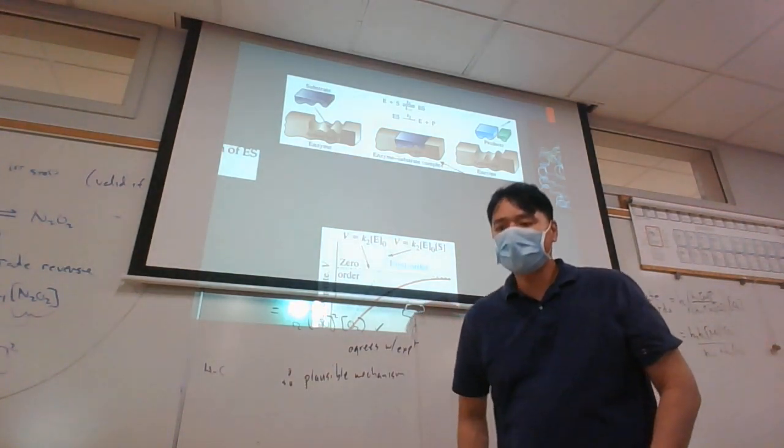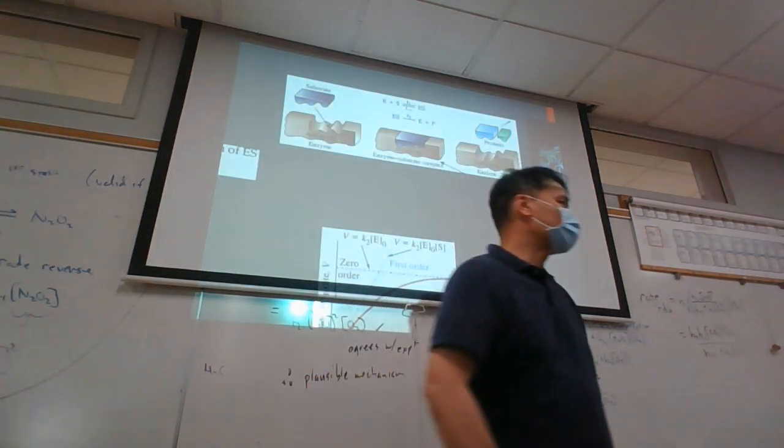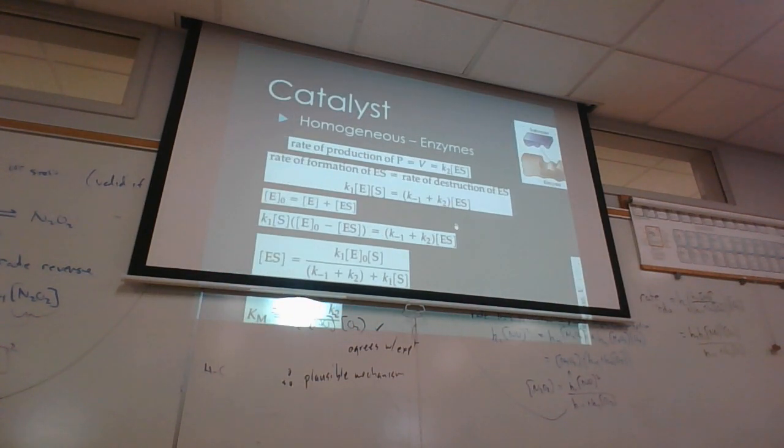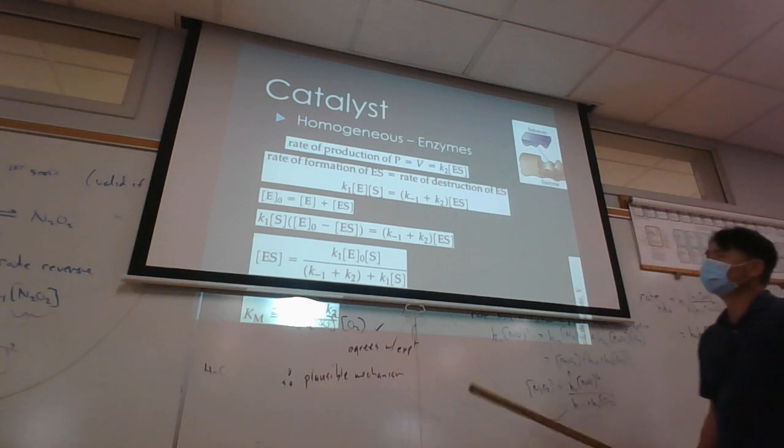Now, the kinetics of this don't always agree with the fast reversible. And so what we should do is the steady state approximation, because the steady state will give us a more general equation.